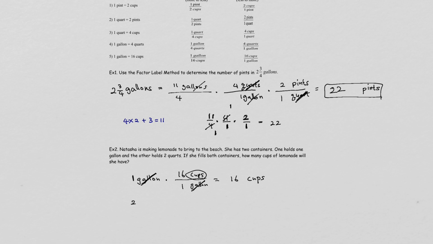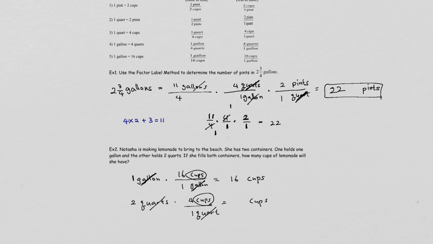Now let's convert 2 quarts into cups. Comparing quarts to cups, 1 quart is equal to 4 cups, and we're trying to look for cups, so cups go in the numerator and 1 quart is going to be the denominator. So the numerator quarts will cancel out the denominator quart, and you're only left with cups as the unit.